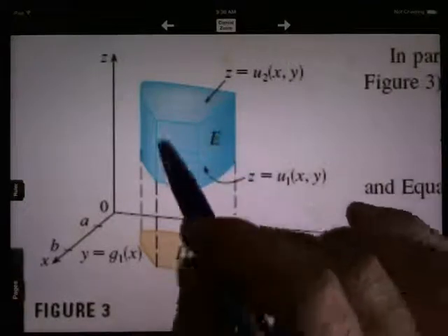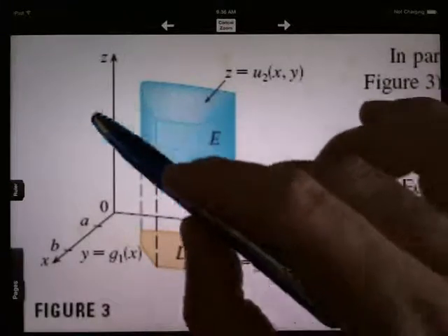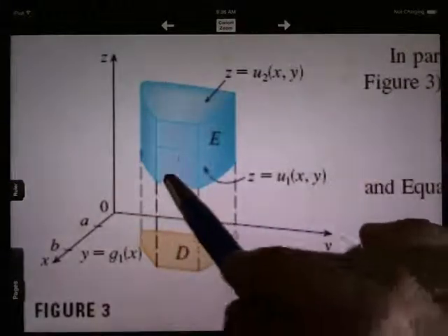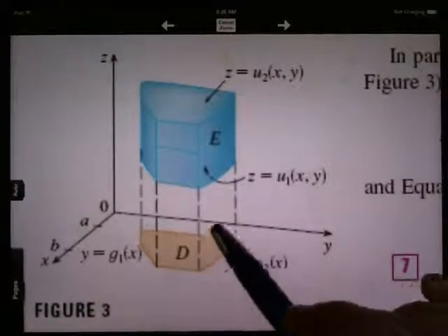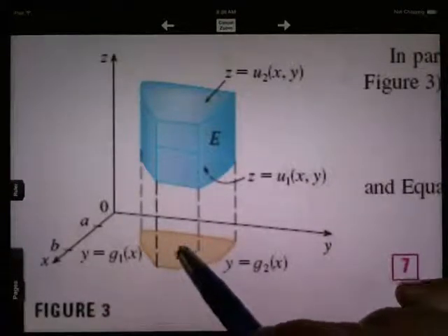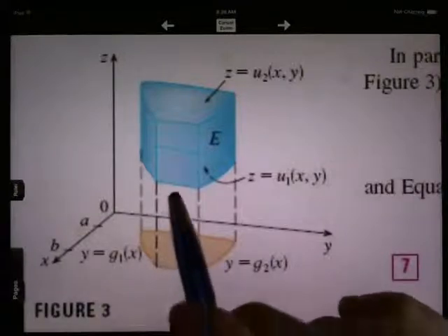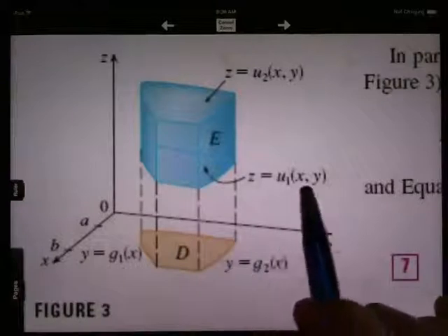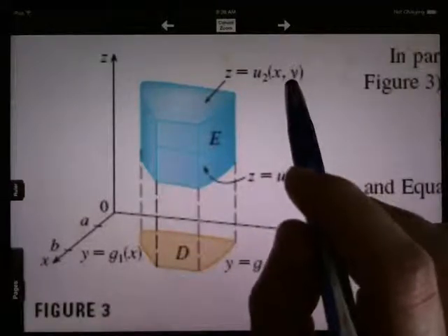That is, these vertical sides are essentially flat or just parallel to the z-axis there. And so when you project it down onto the xy plane, you've got this region down here, D, that for each point in that region, you can describe a bottom function that they're calling u1 here, and a top function which they're calling u2. Okay.